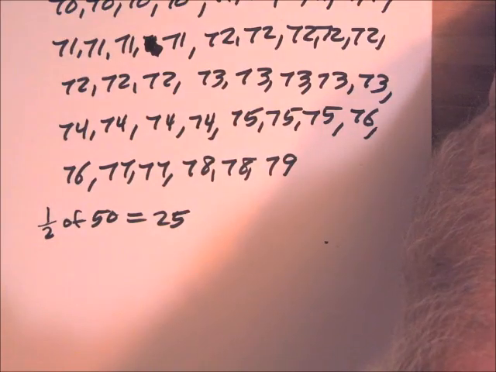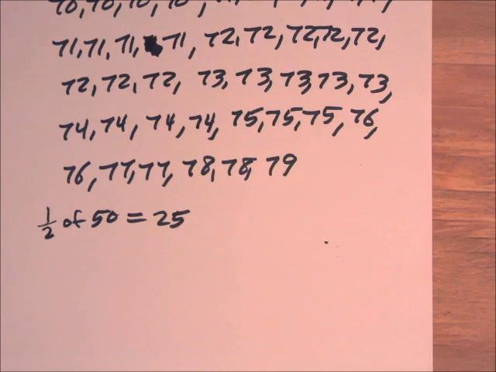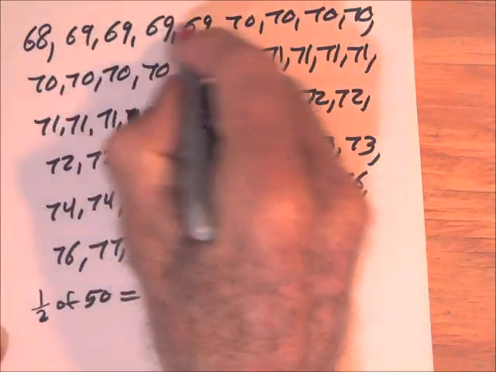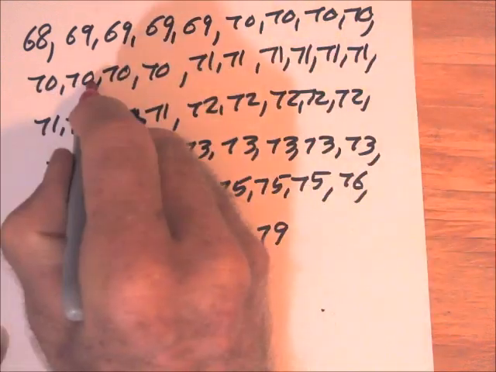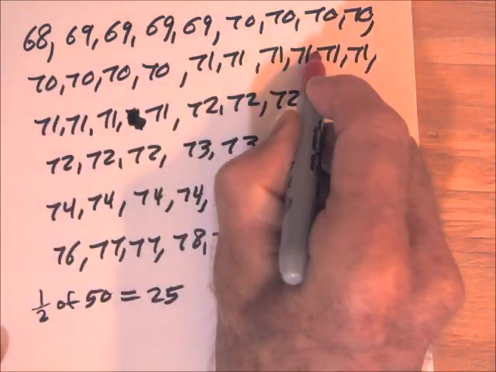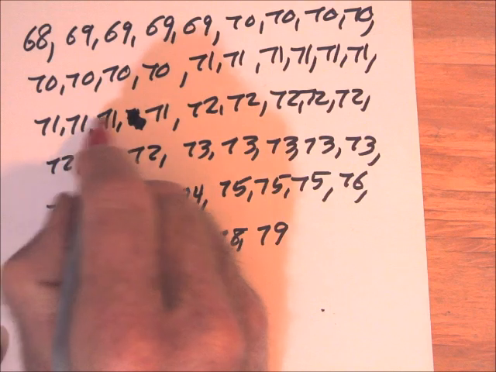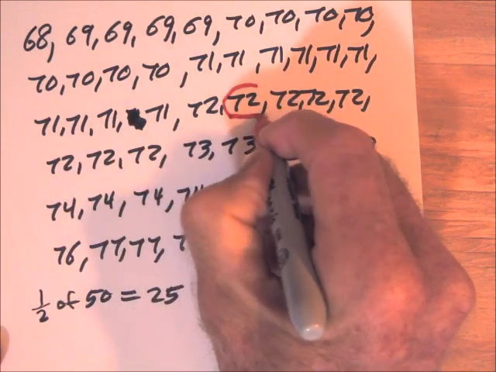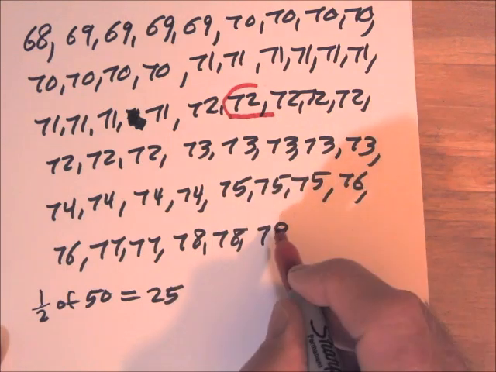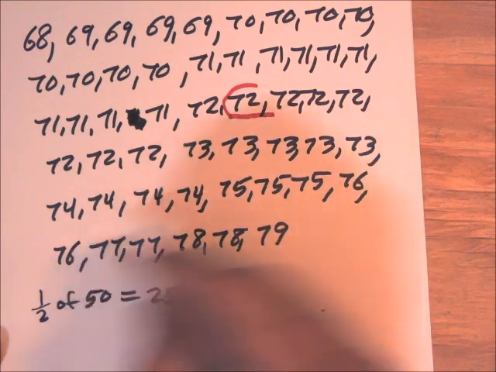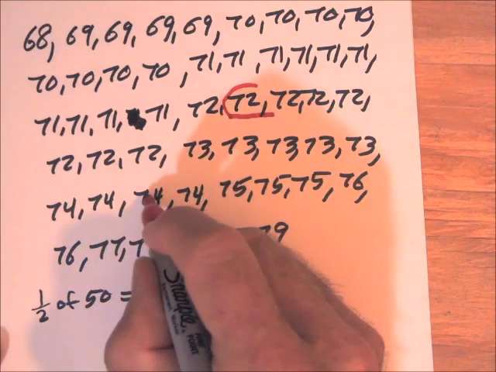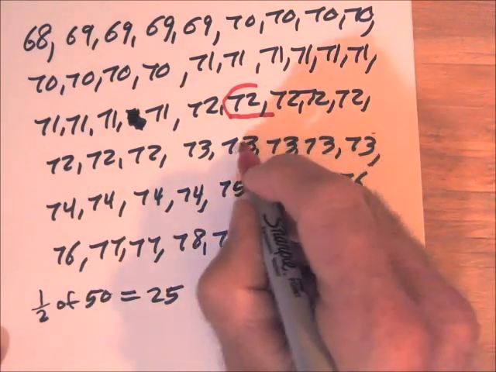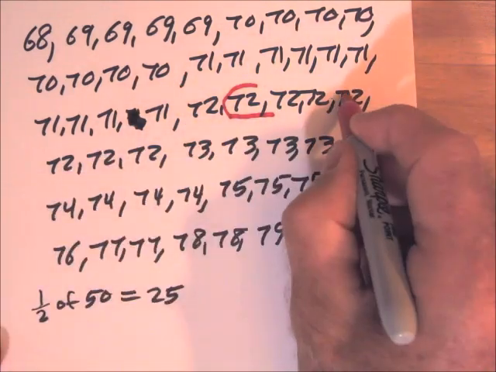So you go 25 from the bottom: 1, 2, 3, up to 25. And if we do 25 from the top: 1, 2, 3, up to 25.